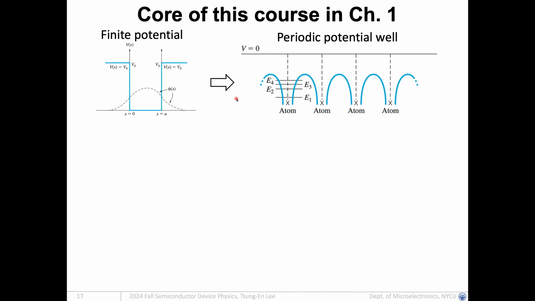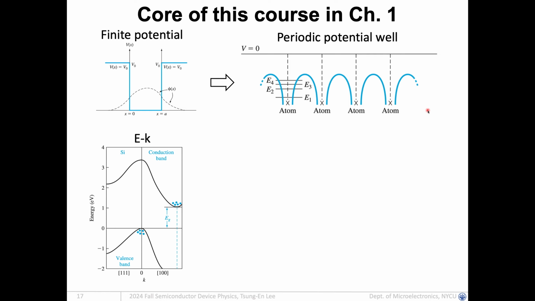And we will try to explain what will happen when this potential well becomes closer and becomes arranged in a periodic way. And after that, how does the band diagram form, and why do we use energy and the K-vector, the E-K diagram, to explain the solid's properties.